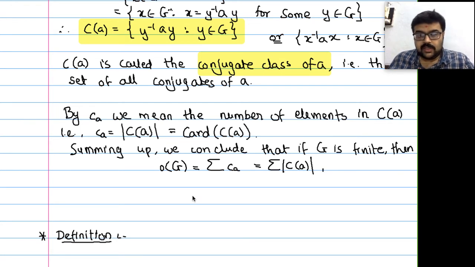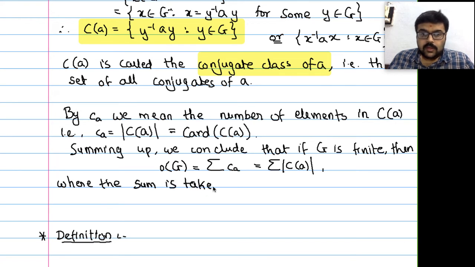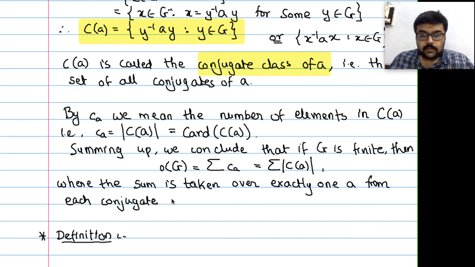So the sum is taken over exactly one representative A from each conjugate class of G.